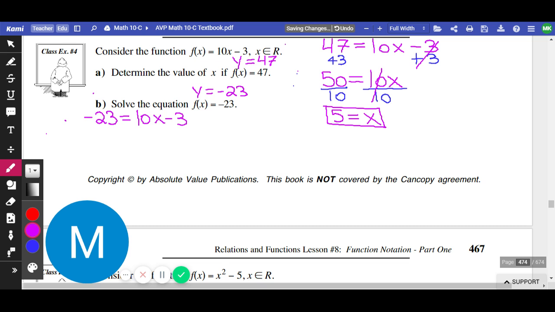Your job is to get x by itself or to isolate x. We do that by moving this subtraction first. We're going to add 3 to both sides. That leaves you with negative 20 equals 10x. And then we divide by 10.